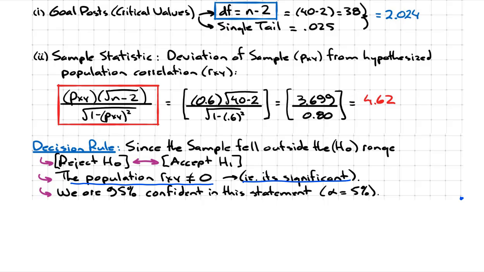It's significant. Now, the other thing you have to remember is the following. Because your whole conclusion was based on a sample, you're not 100% sure, because we don't know what the true population correlation is. So if you want to answer this fully, you have to indicate how confident you are in your conclusion.